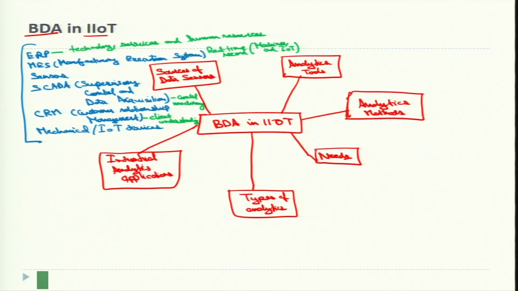The data extracted from here could be processed well, where we use BDA to arrive at a decision. So, these act as decision support systems for the industrial Internet of Things.